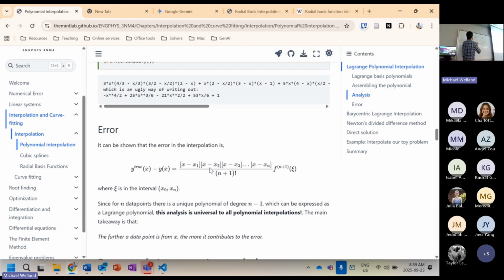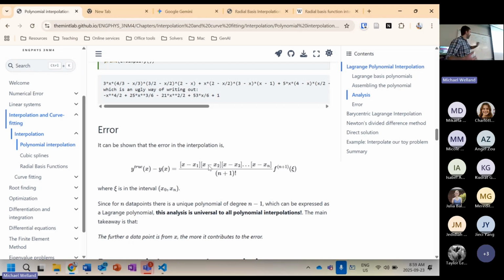Say we want a value here, which is 0.4. x0 is 0, so 0.4 minus 0 is 0.4. Then 0.4 minus x2, which is 2, is large, it's 1.6.